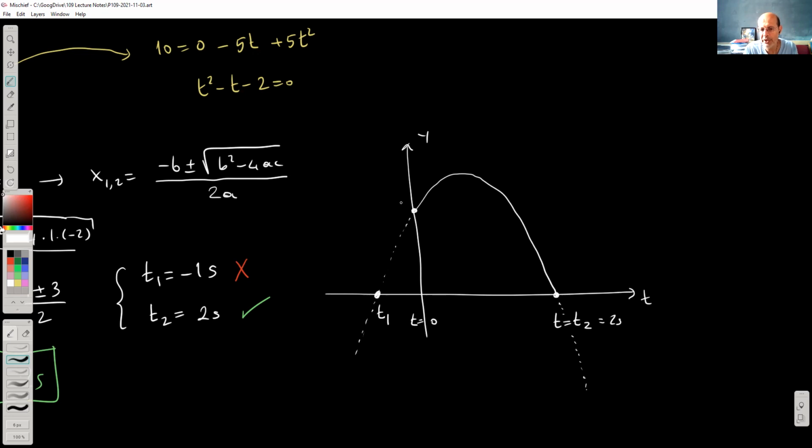So at time t equals 0, it was passing from the top of the building. So that's the top of the building in here. That means that the rock basically passes the ground level at 2 times. One is at time -1 seconds, and the other one at 2 seconds, all right?